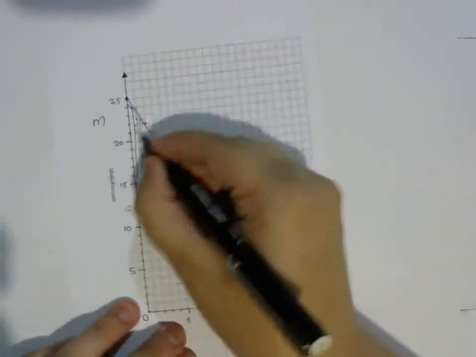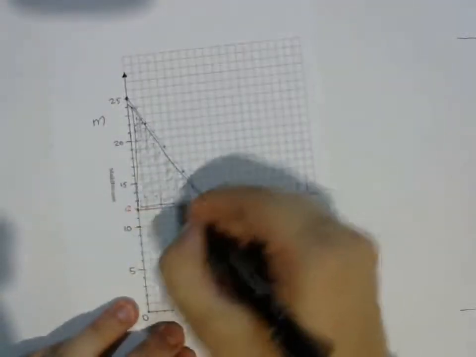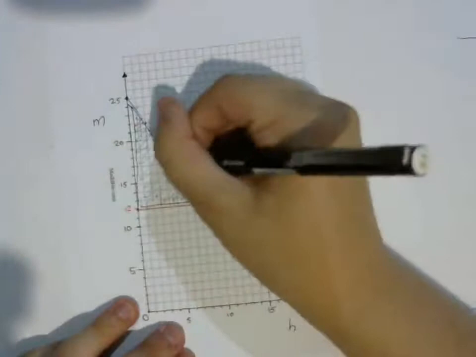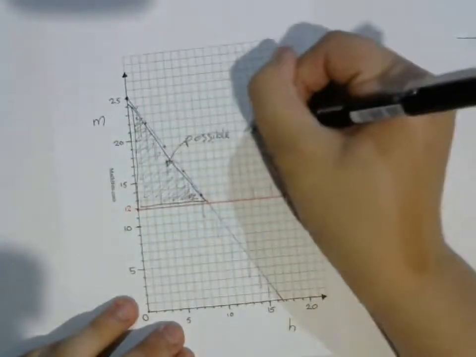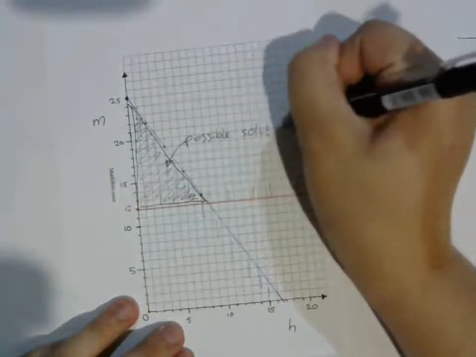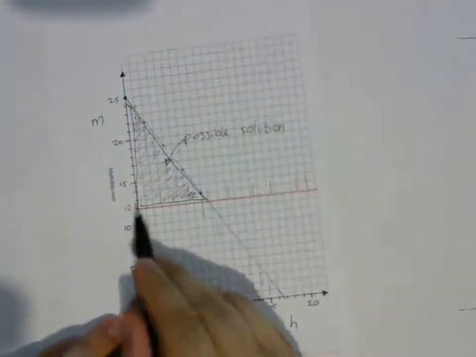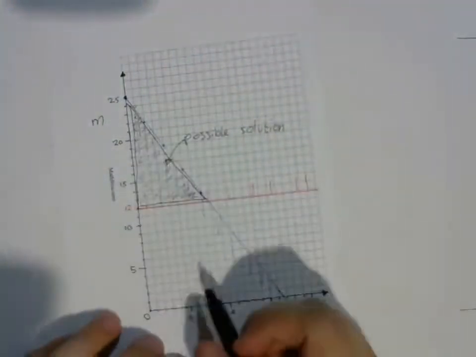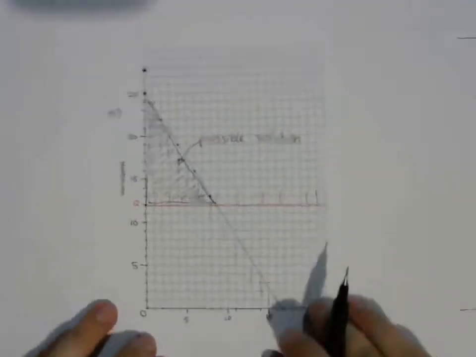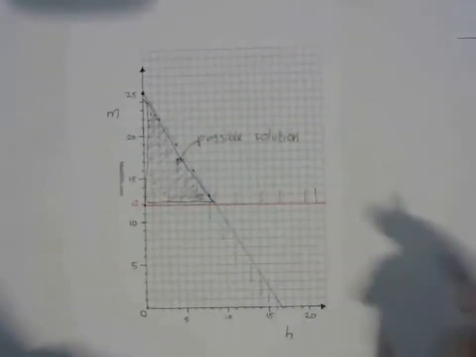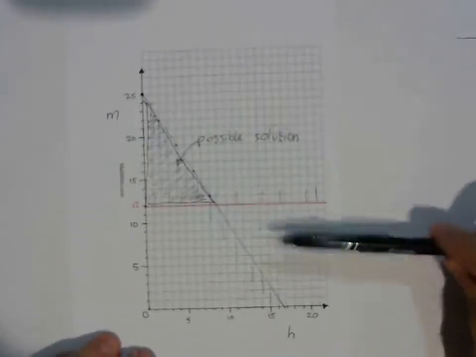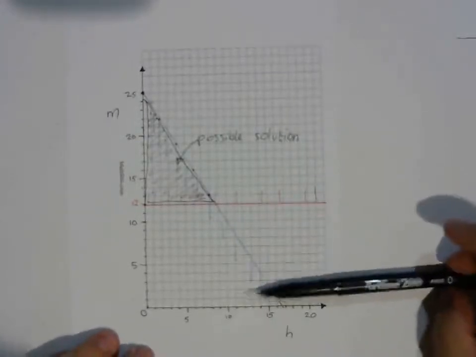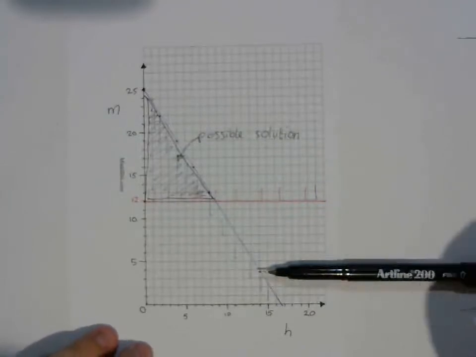So this entire area covers my possible solutions. We can pick any combination as long as it is in this triangle. That is how you find the possible solutions given 2 or more inequalities.